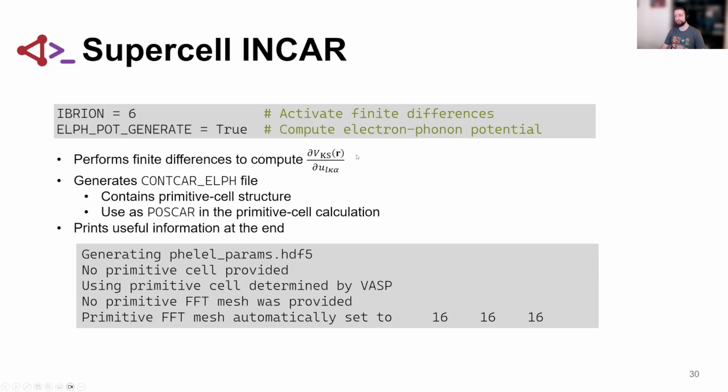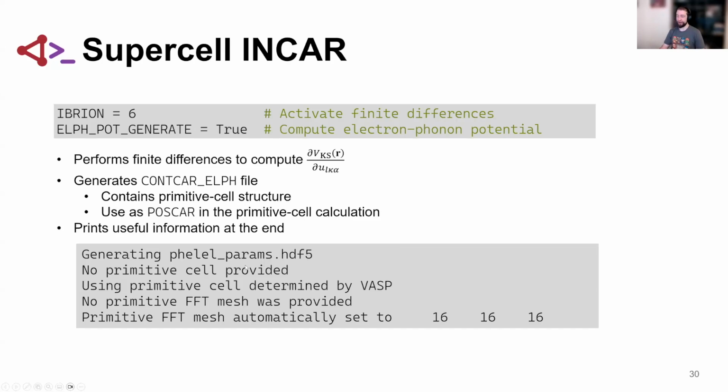And in addition, it also generates for you files that you can use for your convenience. So it will generate a CONTCAR_ELPOT file, which will contain the primitive cell structure that you should use in your next step in the primitive cell electron-phonon calculation. And so what you can do is you just move this file or copy it over to the POSCAR file in a separate directory where you run the primitive cell calculation.